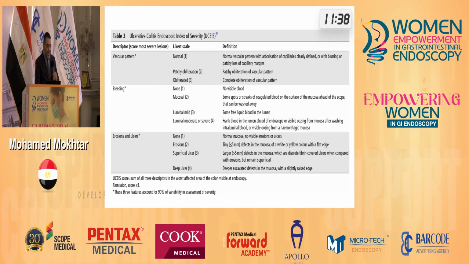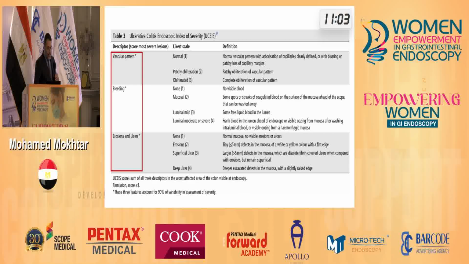So let's go to the Ulcerative Colitis Endoscopic Index of Severity. We have three descriptors: the vascular pattern, the bleeding, and the erosions. The vascular pattern is graded 1, 2, and 3: 1 is normal, 2 is patchy obliteration, 3 is fully obliterated. Bleeding is graded 1 to 4: 4 means frank luminal bleeding, 3 is just spots in the lumen, and 2 is mucosal bleeding, not a free passage of blood in the lumen.